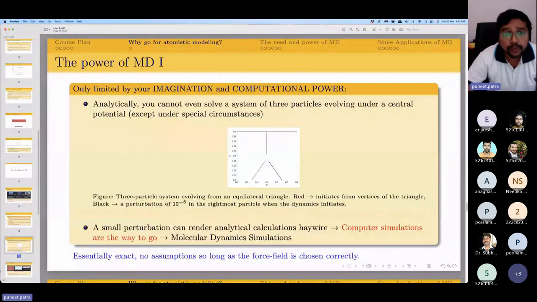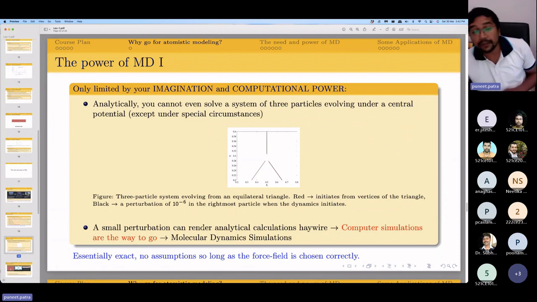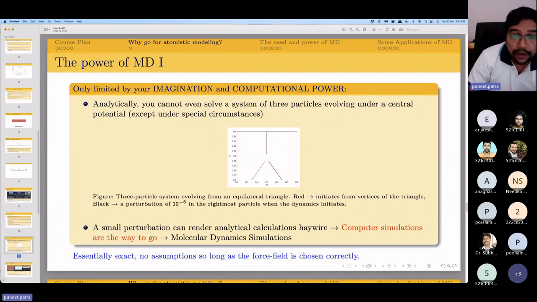The reason we have to use computers is because we as researchers, at least I as a researcher, do not even possess the ability of analytically solving a system comprising three particles located at the vertices of an equilateral triangle and evolving under a central potential, that is, under a gravitational potential.